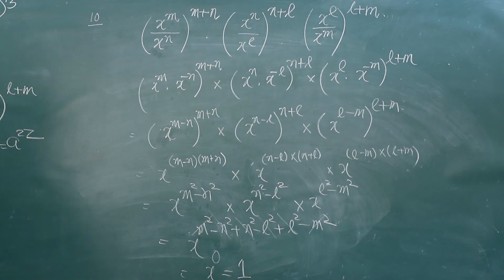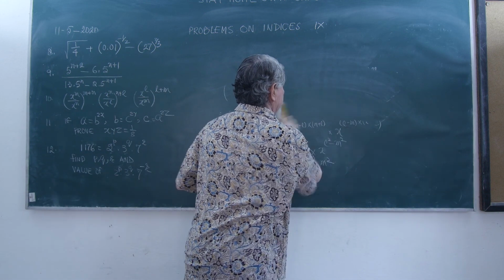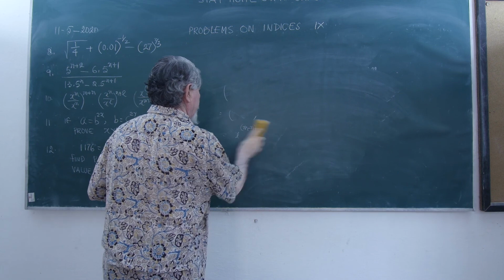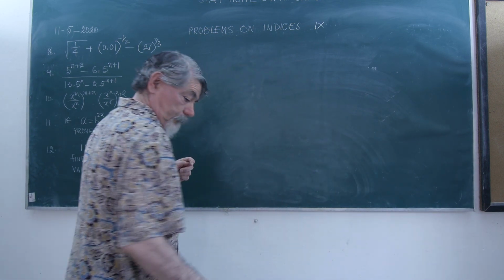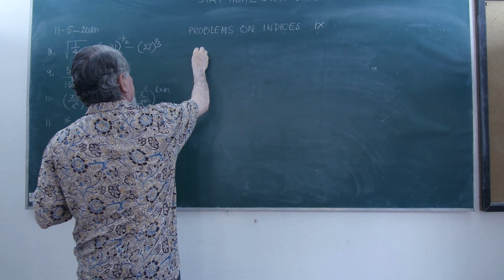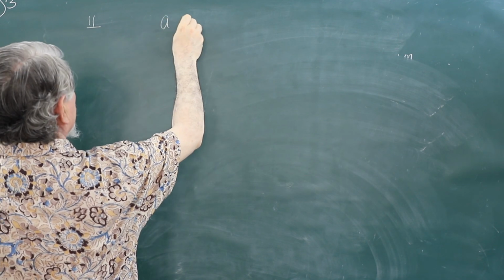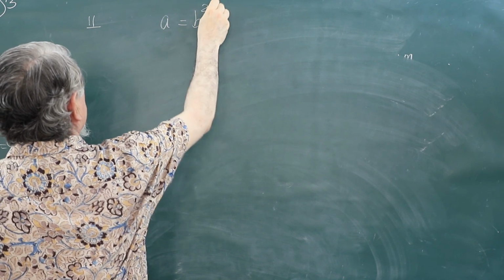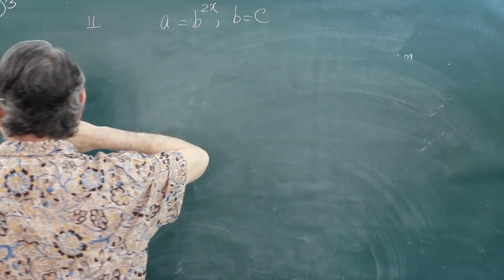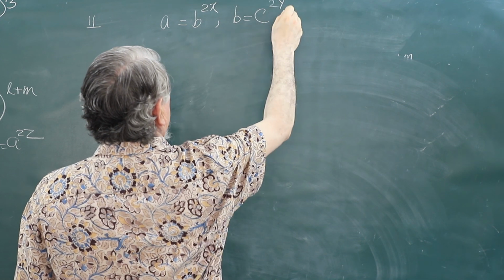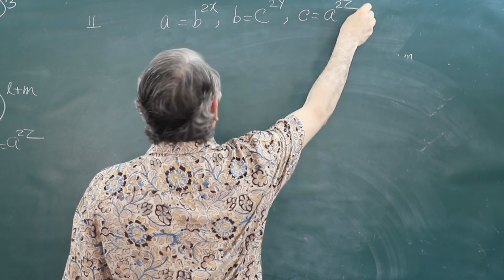Now let us see question number 11. He says a is equal to b to the power 2x, b is c to the power 2y, and c is a to the power 2z.